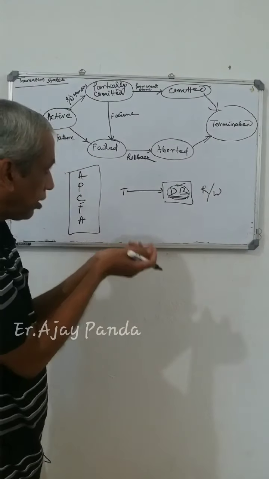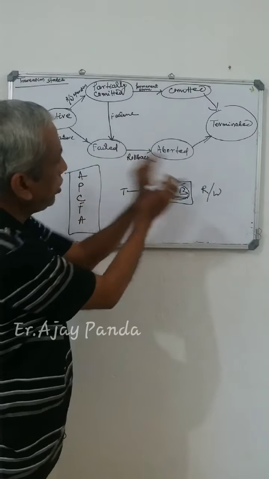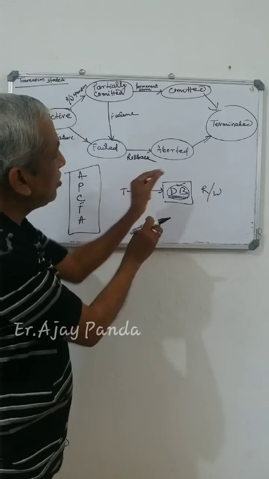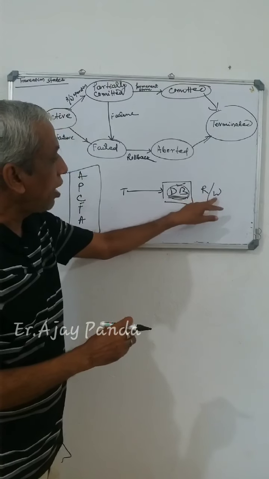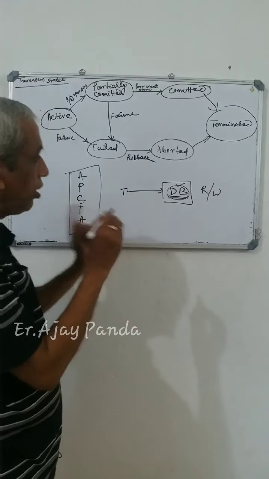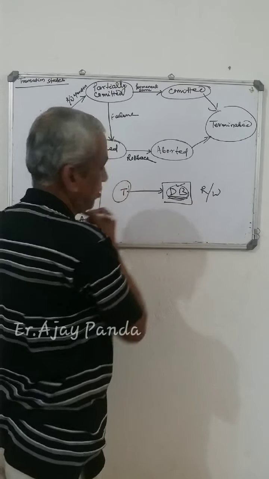That means data are retrieved from this database, or stored into it or changed into some new data onto the database. That is write. Read and write, only 2 operations are performed on the database during the transaction.